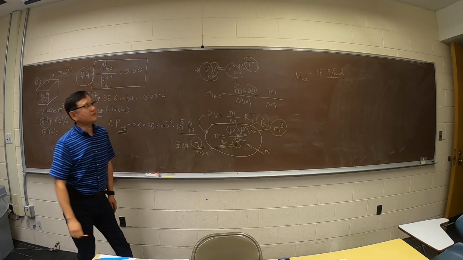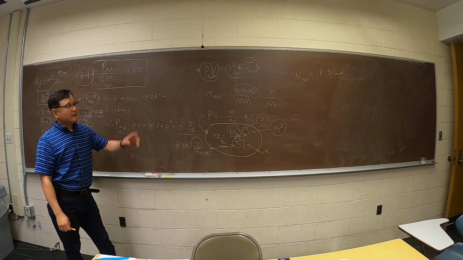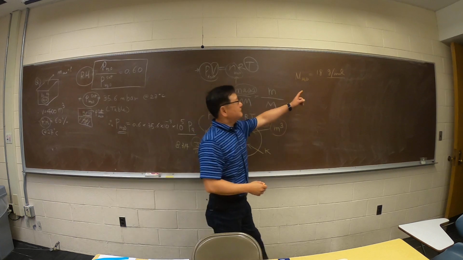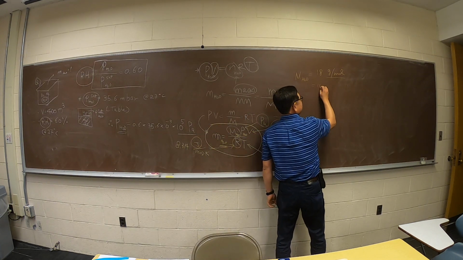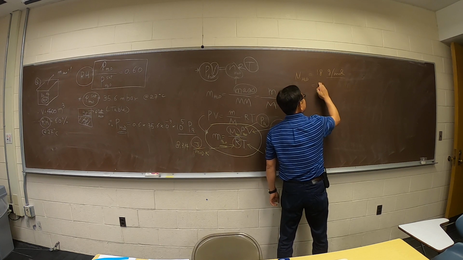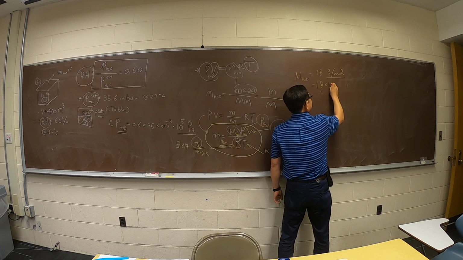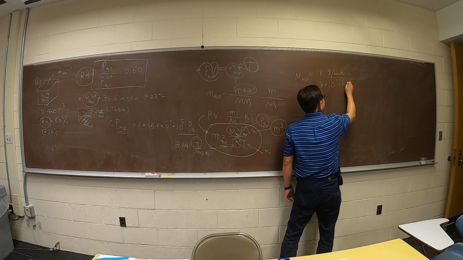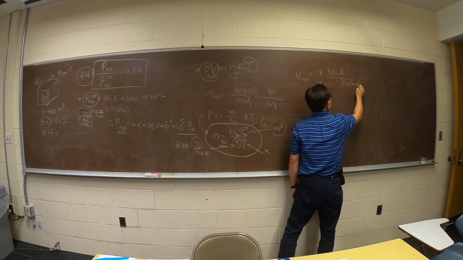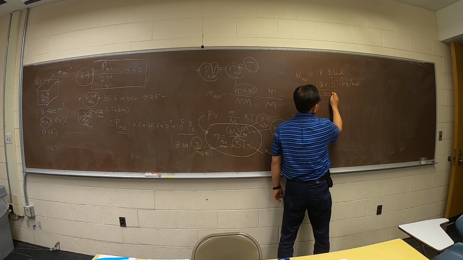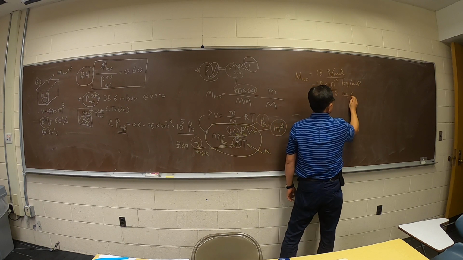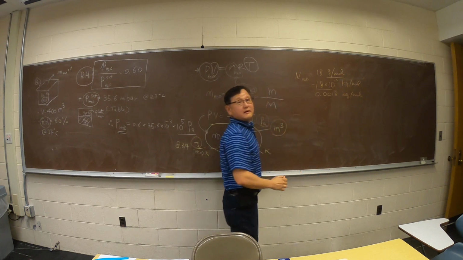This is all MKS unit. Kilograms. Yeah, so you don't feel comfortable here, right? So then, I'm not going to do that. So 18 times 10 to the minus 3 kilograms per mole. Like this is like what, 0.018 kilograms per mole, right?